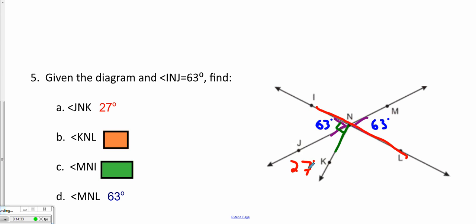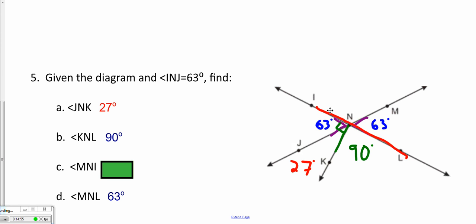So if this side is 90, this other side has to be 90, because 90 plus 90 makes that 180, meaning this one must be 90 degrees. It's that missing piece. So that tells us LNK, or KNL right here, must be 90 degrees.